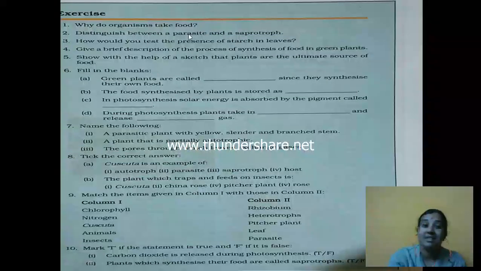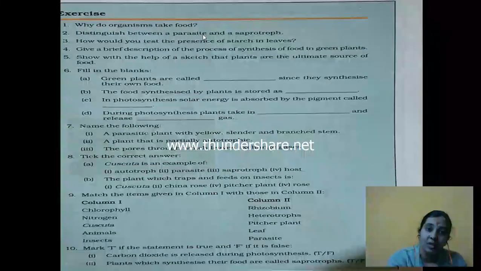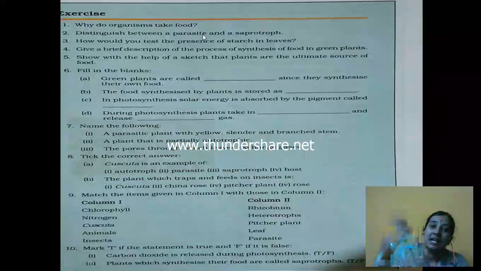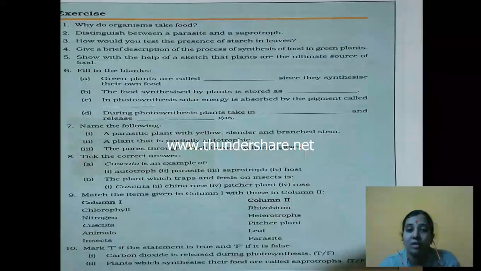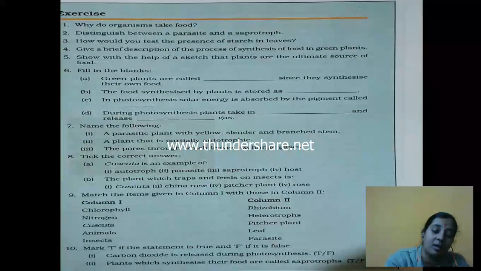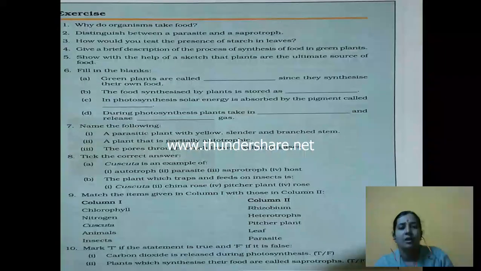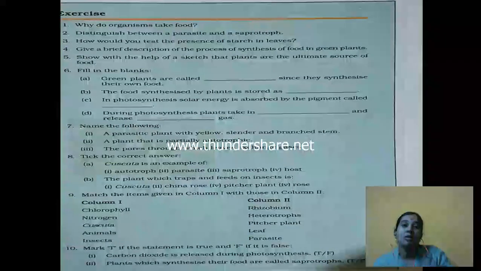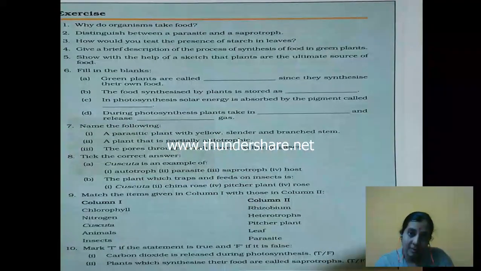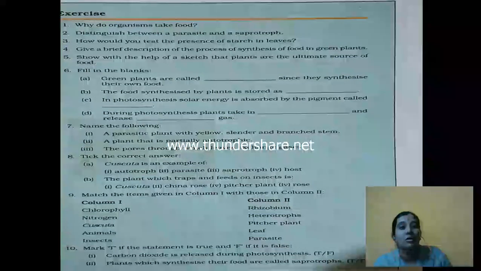Distinguish between a parasite and a saprotroph. So now basically a parasite is the organism which depends on another animal and it takes all the nutrition from that animal, that is called the host.